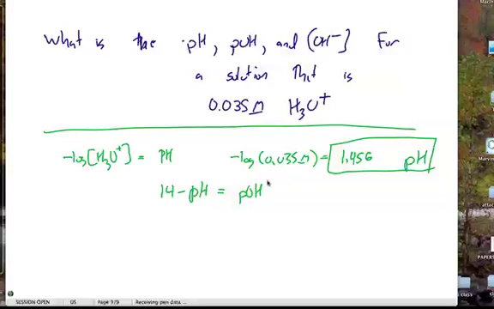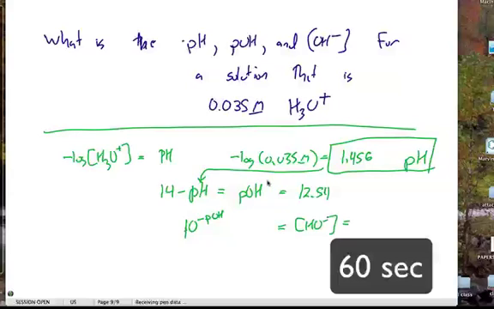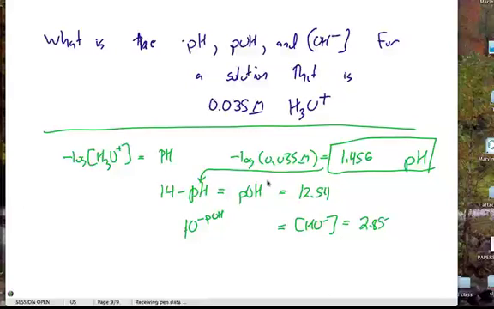In this case, plug that value in. This will give us a pOH equal to 12.54, and 10 raised to the negative pOH will equal the OH minus concentration, equal to 2.857 times 10 to the negative 13th.